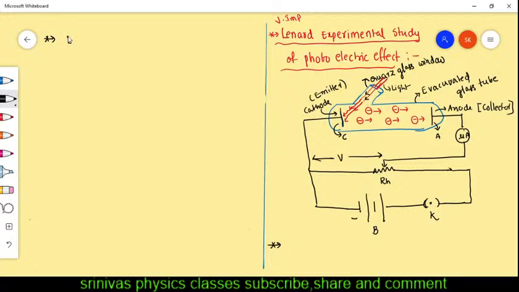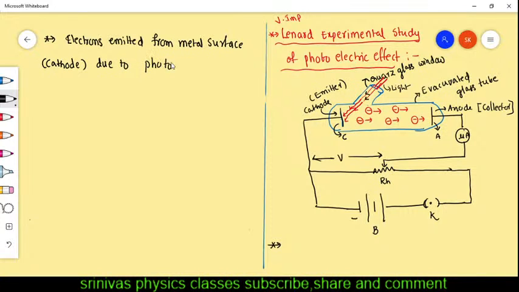Electrons emitted from the metal surface, just like here from the cathode, due to the photoelectric effect, due to light.